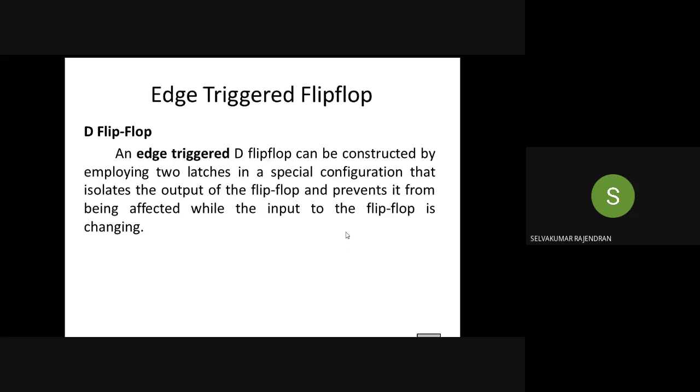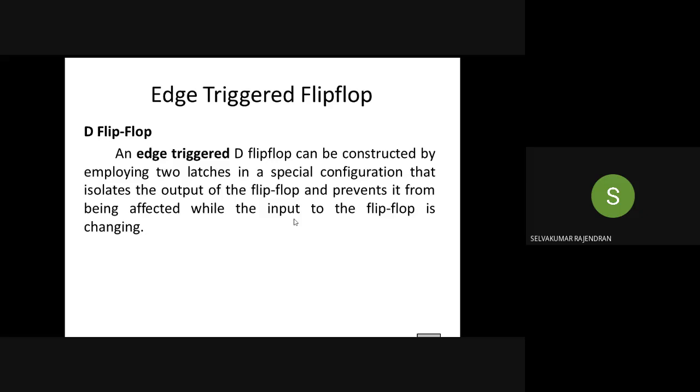Here we are using a special configuration, that is master-slave configuration. In master-slave configuration, we use 2 latches in cascade mode. In the 2 latches we apply the clock signal and the complement of the clock signal. The first stage is applied with the true form of the clock signal, and the next stage gets the complement of the clock signal.